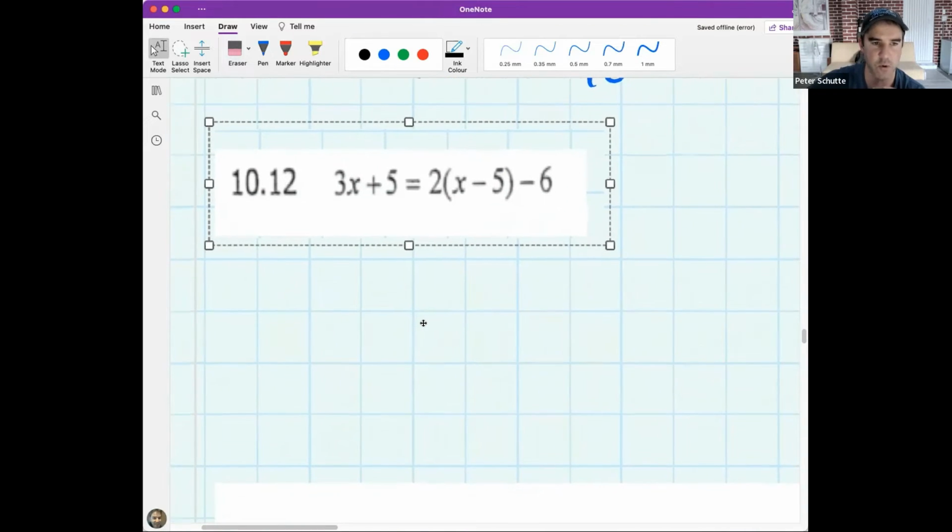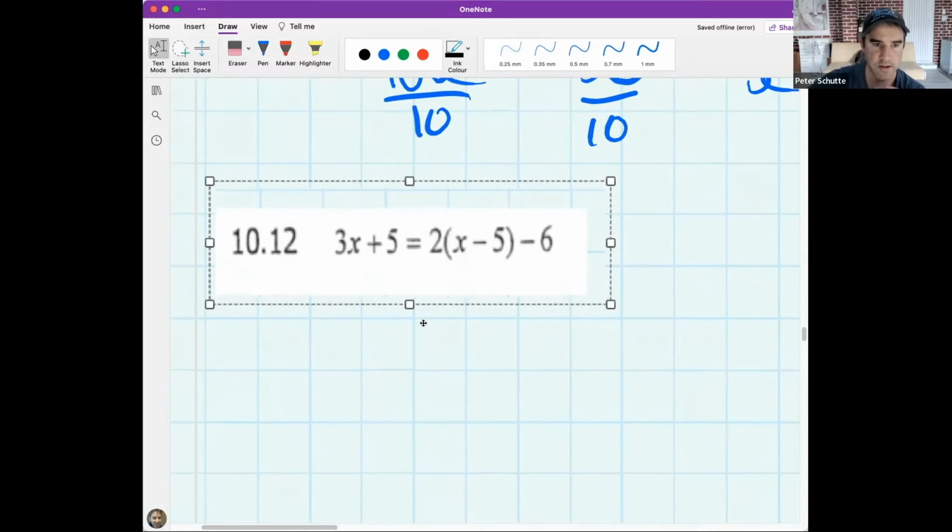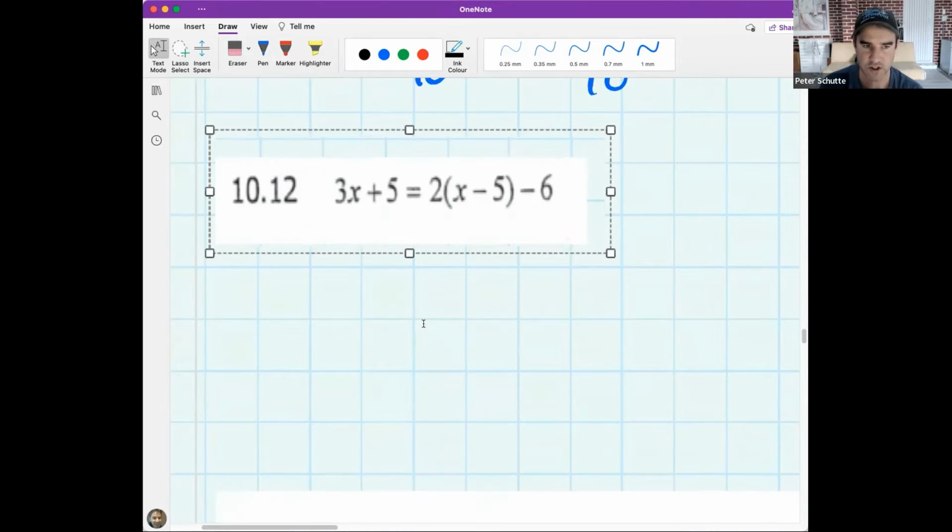So guys, this question says: solve the equation 3x plus 5 equals 2 times (x minus 5) minus 6. And I'm just going to give you some time to have a go at that.